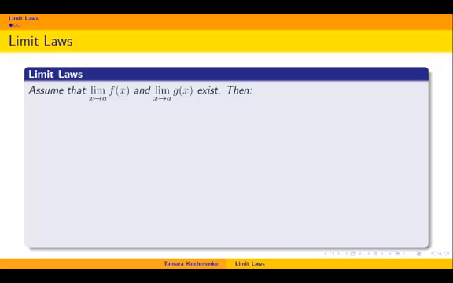Assume that the limit of f of x as x approaches a and the limit of g of x as x approaches a exist. Then, the sum and difference law states that the limit of the sum or difference of f and g is the sum or difference of the limits.